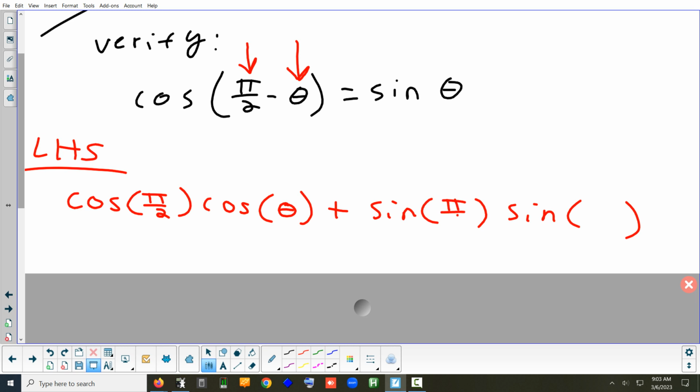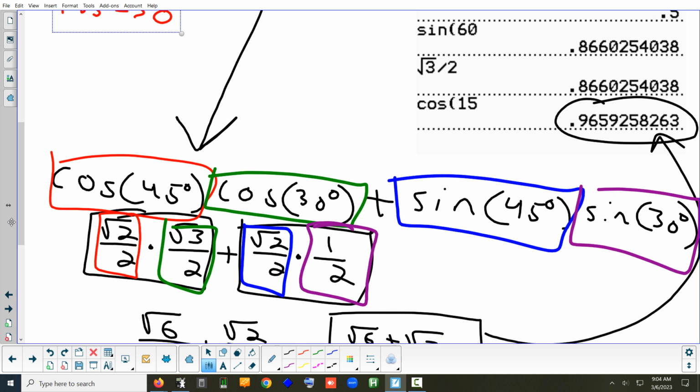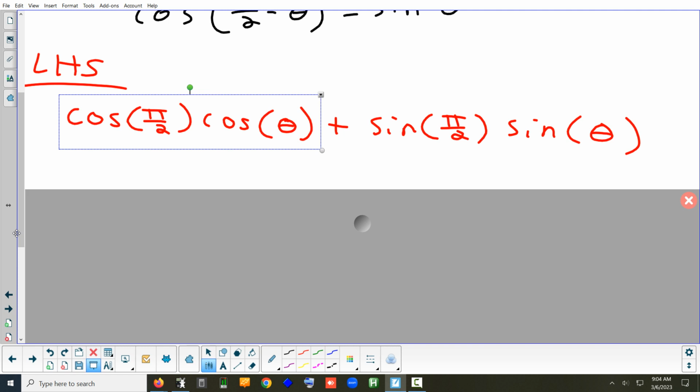Pi over 2. And my second angle? Theta. So the cosine theta and the sine theta, we can't really do anything with them. But let's find the cosine of pi over 2 and write that down, just like we did here. We're going to find each one of those, well, the ones that are numbers.